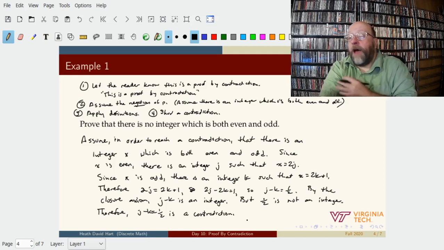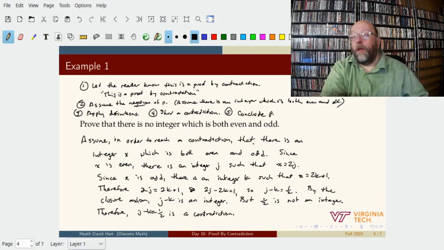Okay, so now that we have the contradiction, then we can conclude that the original statement must be true. The argument form was that if the negation of P led to a contradiction, then the conclusion is that P itself must be true.